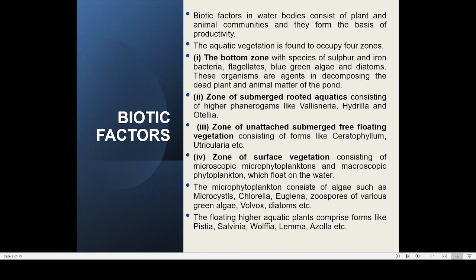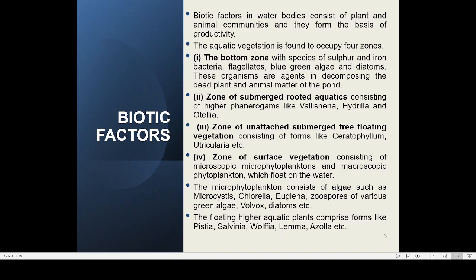Euglena, you are all familiar, because Euglena is an organism you have been studying for a long time. Here is how the Euglena appears. Euglena may be an animal or a plant because it is capable of movement. That is why we place it between plants and animals, but it is green in color. So that is another plant which will be present here. These are some of the microphytoplankton which are present on the upper surface.